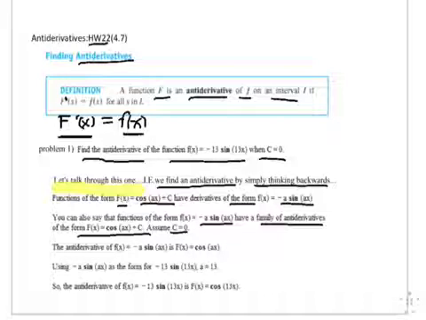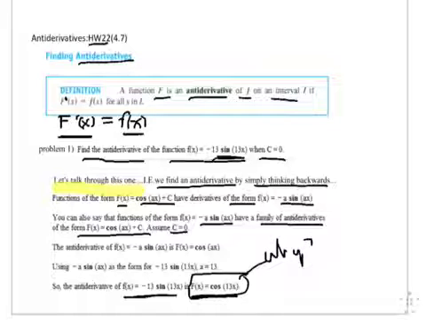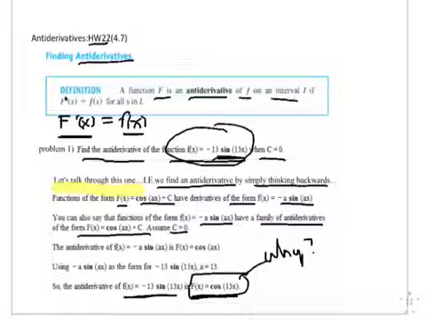What we're getting at is the antiderivative of this is going to be cos 13x right here. So the antiderivative of negative 13 sine 13x is cos 13x. Why, you say? Again, you're really asking the question, give me a function whose derivative is this. So check by differentiating.